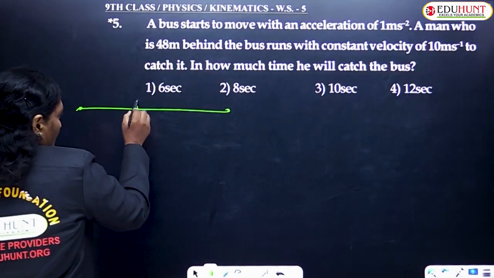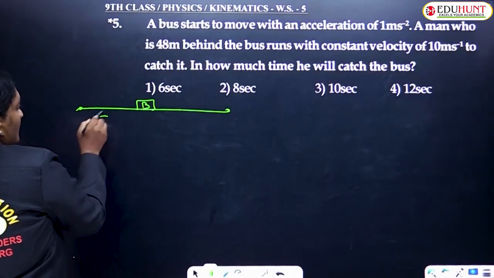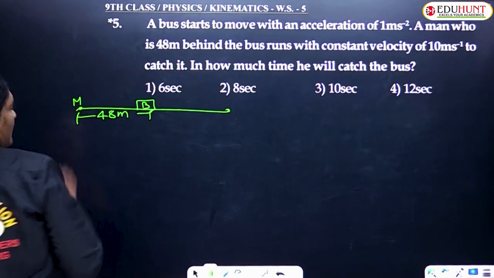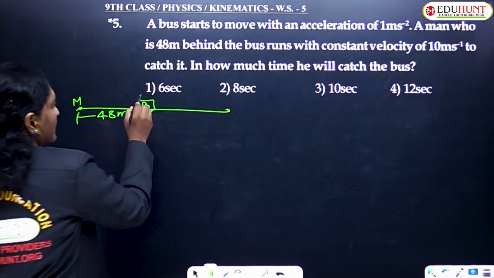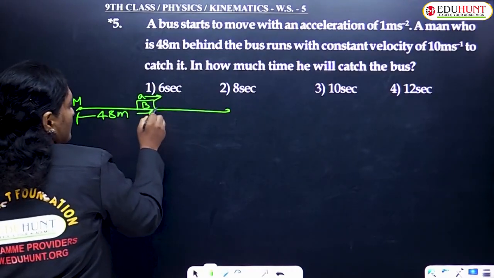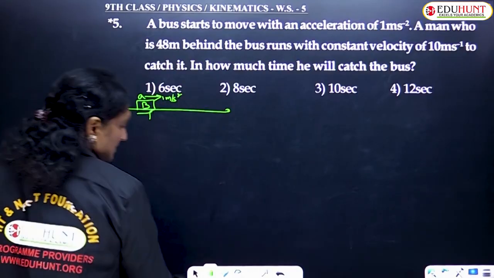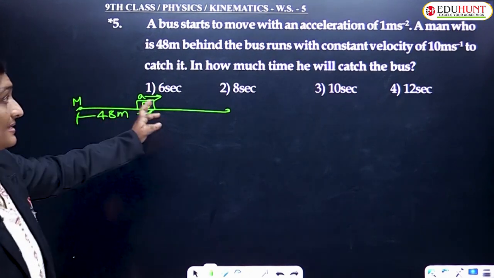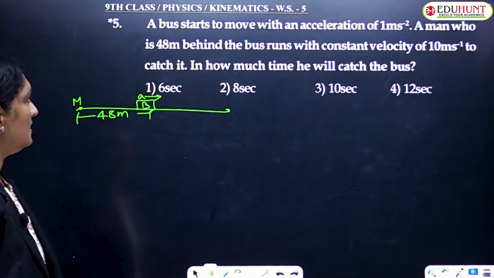So let us suppose the bus is here and 48 meters behind the bus means here the man stays. A bus starts to move with an acceleration. The acceleration of the bus was given as how much children? 1 meter per second square. Later we shall discuss values and all. Some acceleration was given behind the bus with constant velocity.